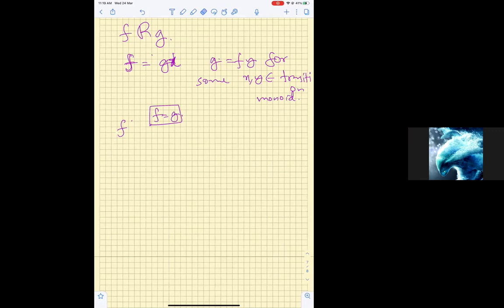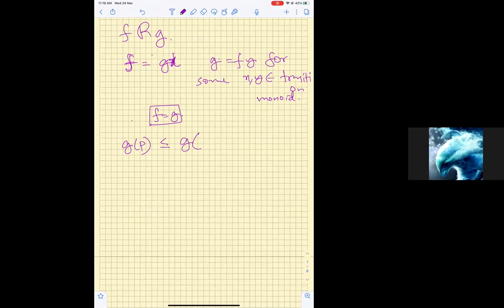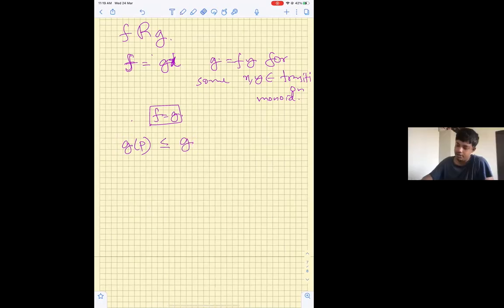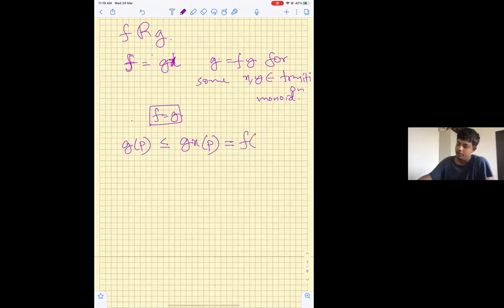The point is that if I have a state p, and I look at G of p, it will be smaller than or equal to G of X of p, because they are extensive, which will in turn be equal to F of p.